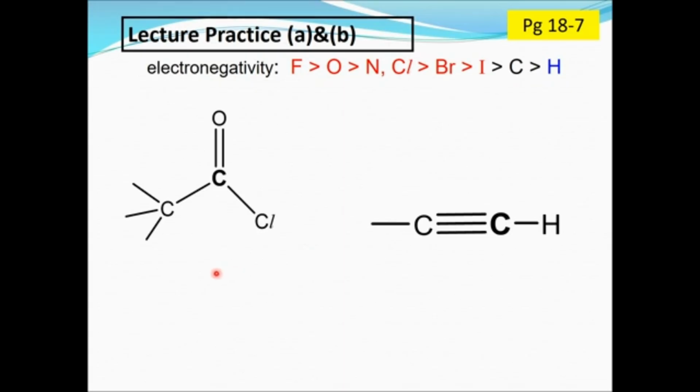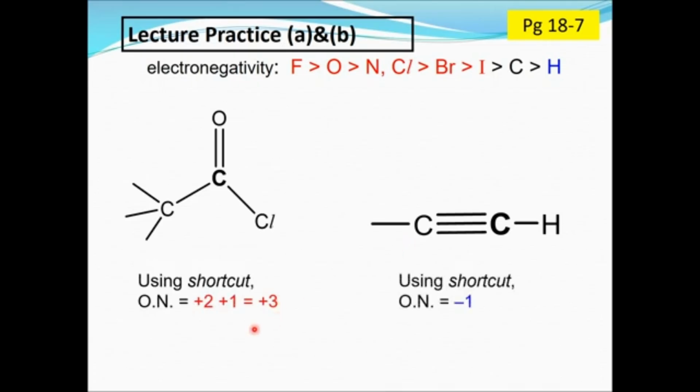If you have tried the lecture practice, parts A and B are given here as examples. If you have done the shortcut method, you attribute +2 and +1 each, because of the oxidation number that you assign to oxygen. There are two CO bonds in that sense.